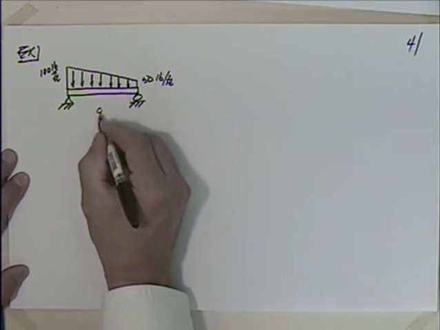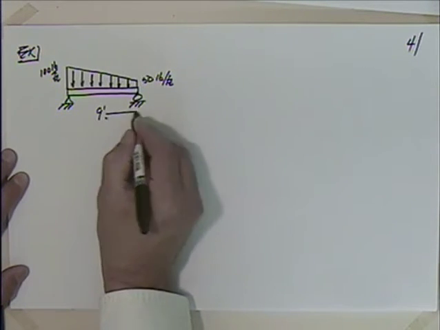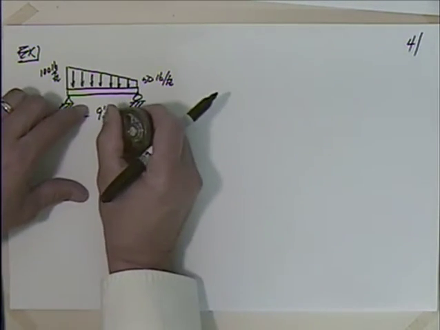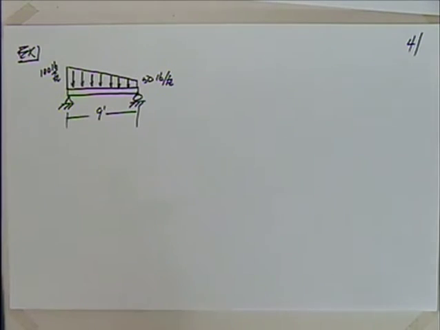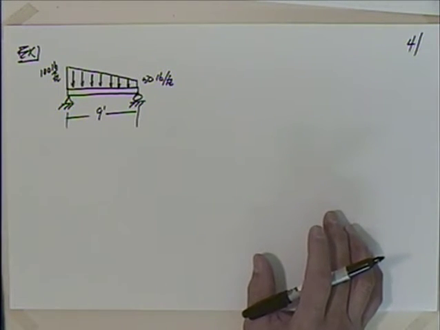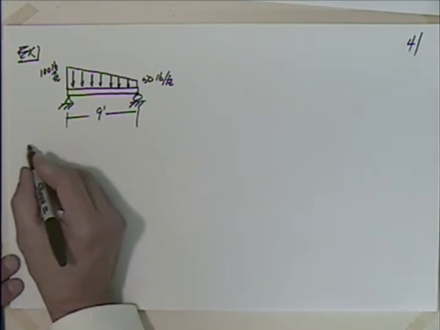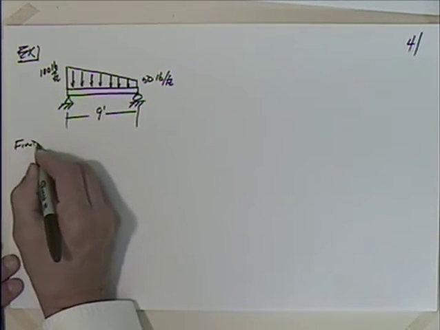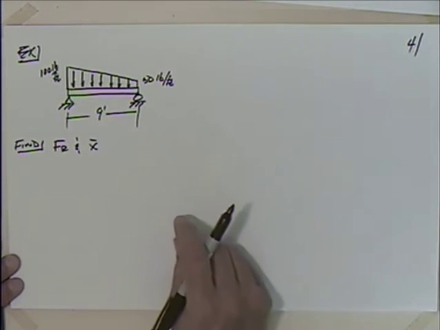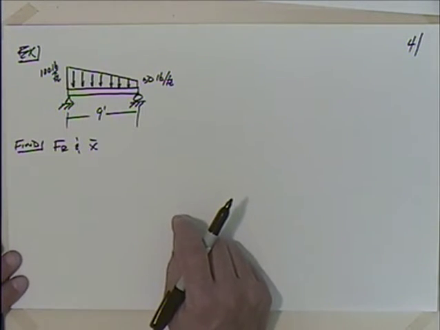This is 9 feet across there. So we'd like to come up with the equivalent force and where that equivalent force is located. So we find F sub r and x bar. That's what we're trying to find on this thing.